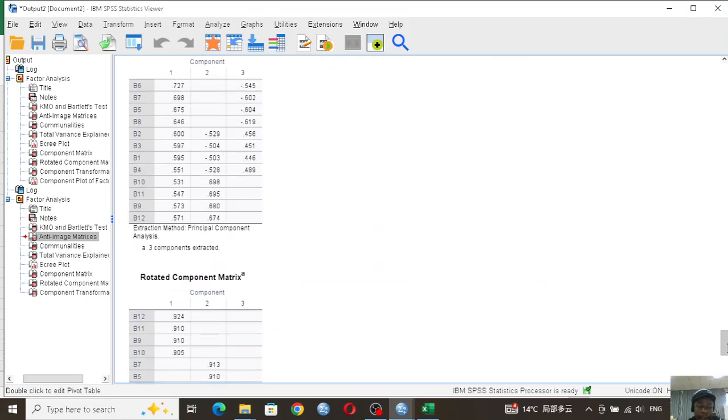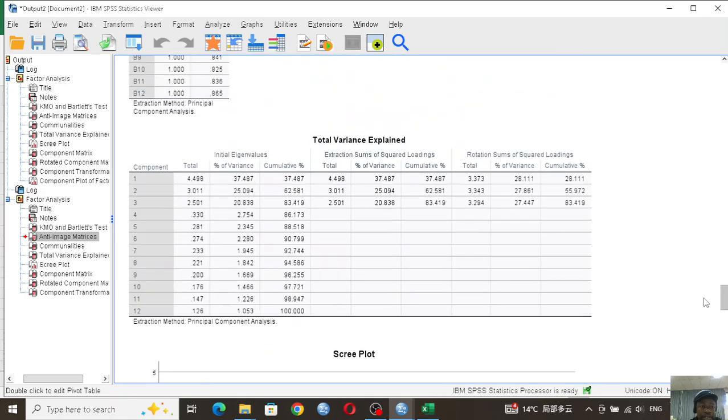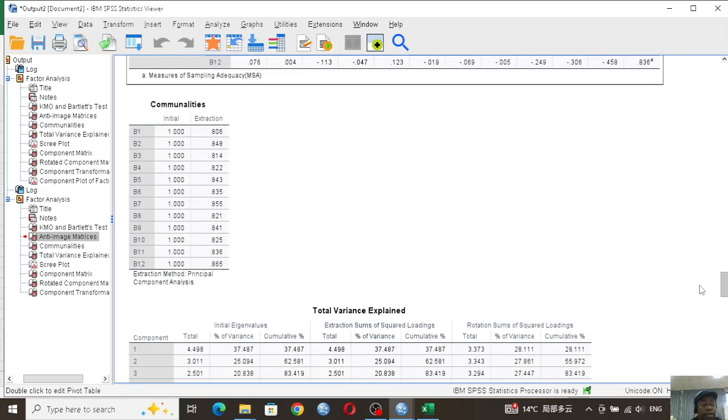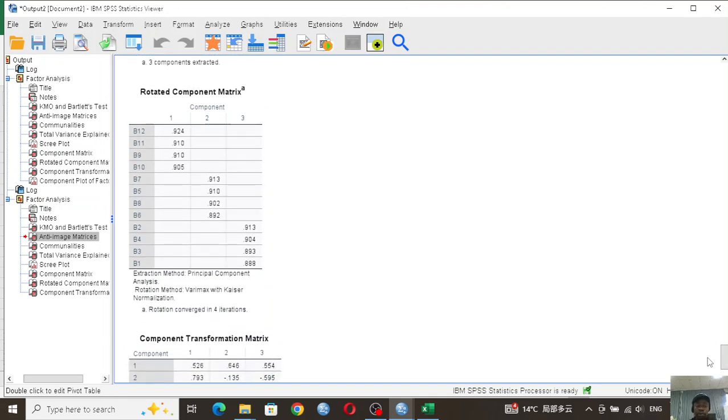And then we come to the rotated components. Out of the 3 components, we are now trying to put the 12 items into groups, so that they should be reduced into only 3 groups. Group 1, that's component 1, takes into consideration B12, B11, B9, and B10.